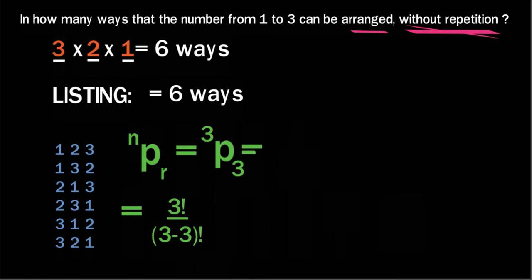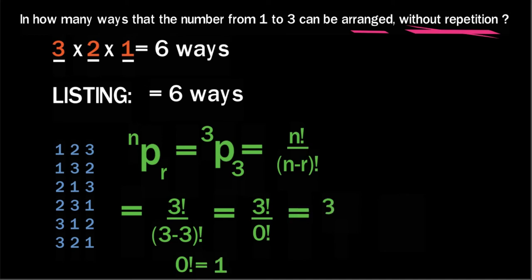To recall, the formula for permutation is n factorial over n minus r factorial. So 3 factorial over 3 minus 3 is 0 factorial. To remind you, 0 factorial is equal to 1. So 3 factorial over 0 factorial is 3 multiplied by 2 multiplied by 1, which is 6. So you get the same answer by using the formula as well.